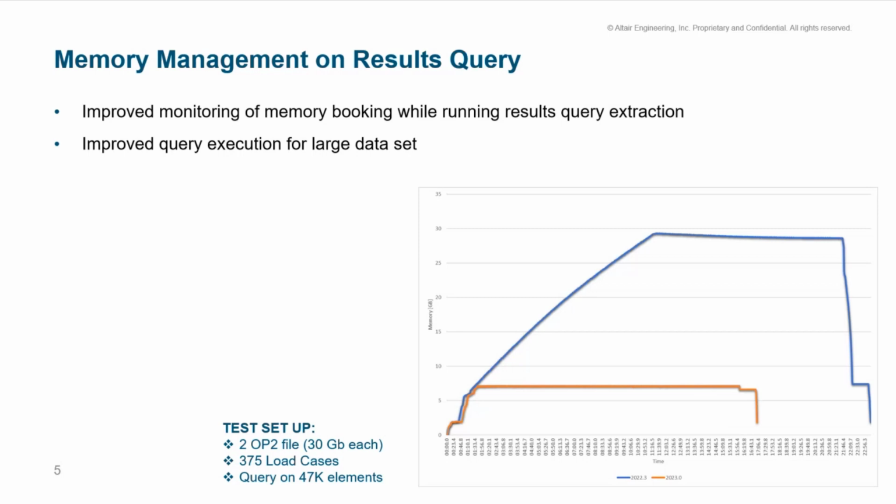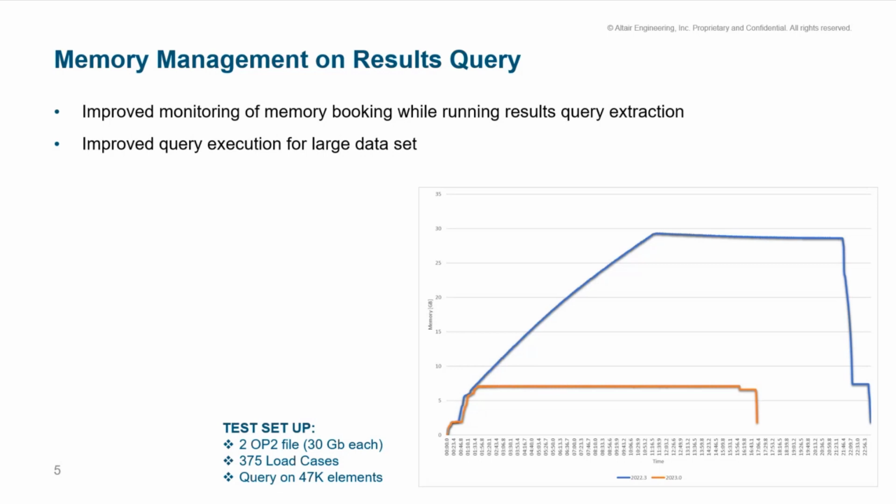The picture that I'm showing, I believe, speaks for itself, but I want to mention once again a test case setup that we had. We have a big customer set of results. Actually, there were 2 big files of 30 GB each, and we were performing the query on around 375 load cases on 47,000 elements to create, as you know, the big CSV file, extracting in this case stresses in the elemental system for shells.